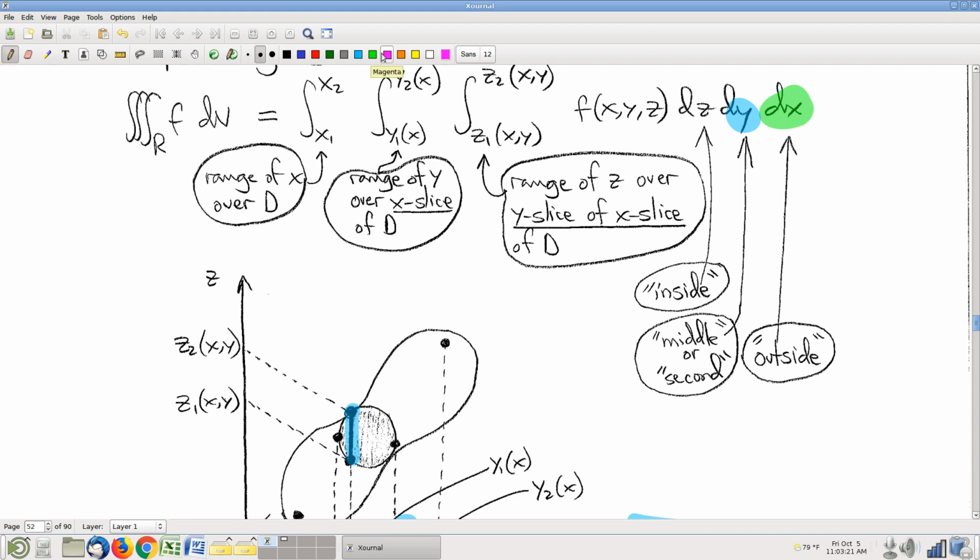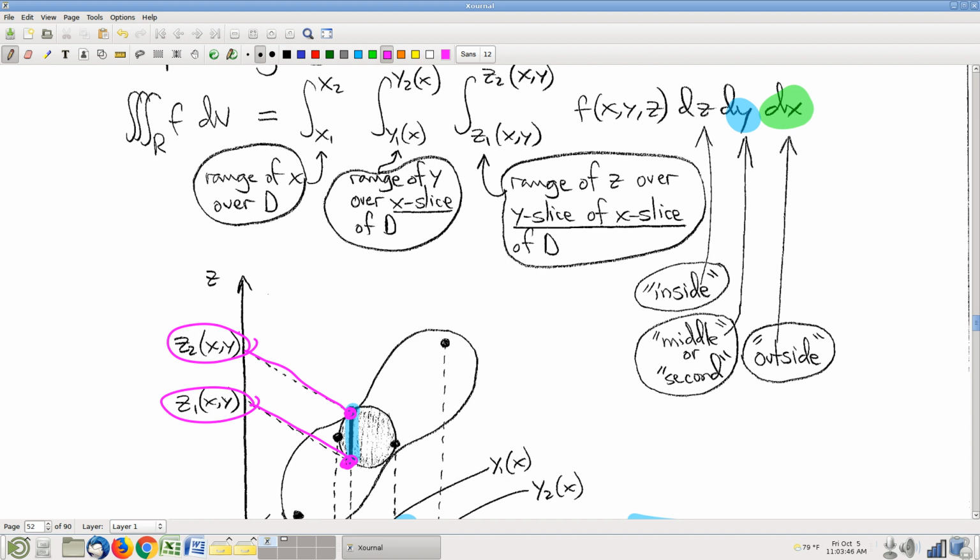Now I don't care about the z coordinates over there and there. I don't care about the z coordinate here or there. I'm only interested in the z coordinates on this thing, and there's the lowest value of z, there's the highest value of z on that y slice of that x slice.